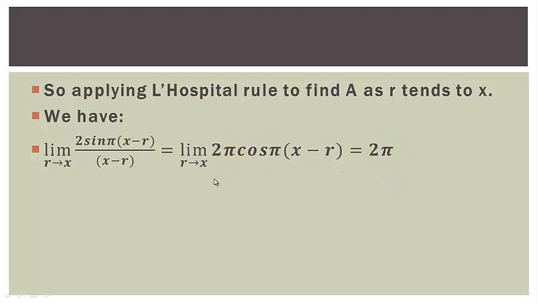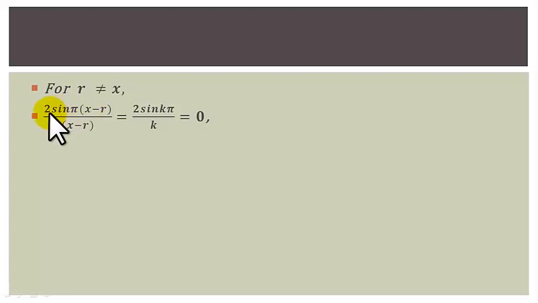So therefore, a is equal to n combination r times p to power r times q to power n minus r, since 2 pi will cancel out in the expression for a. Now, for r not equal to x, the expression 2 sine pi into x minus r all over x minus r will be equal to 2 sine k pi all over k.